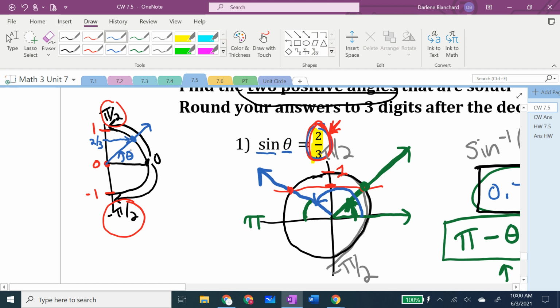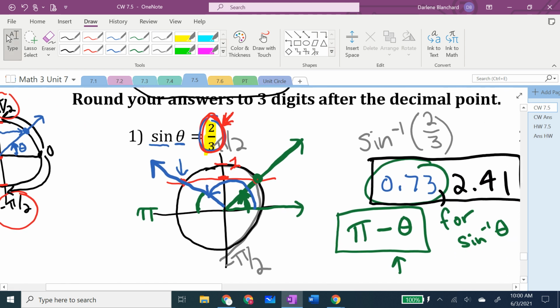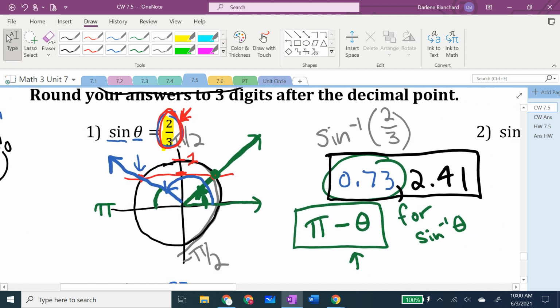Your calculator is going to give you this angle. What it's not going to give you is the angle on the other side of the unit circle. And you just need to be aware of that with a scientific calculator. Once your calculator gives you an answer, and you want to make sure you're in radian mode, if you put this into your calculator, you will get 0.73.